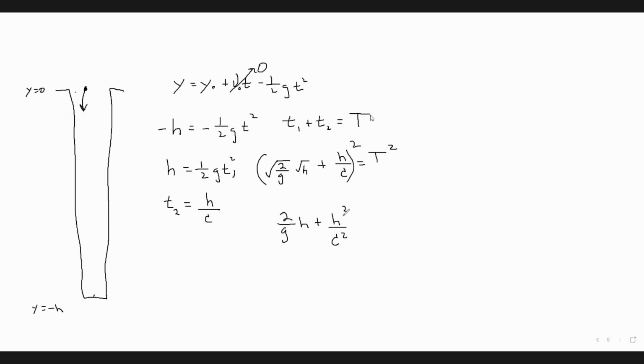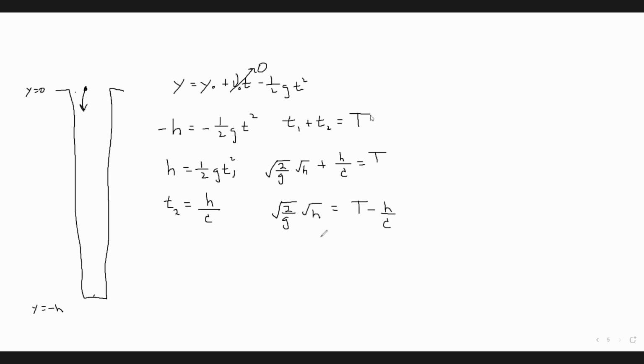Oh, wait a sec. That's not going to help, is it? I don't want to do it that way, I'm sorry, because I'm going to still end up with a radical. So the way to do that is to rewrite this as the square root of 2 over g times the square root of h equals T minus h over c.